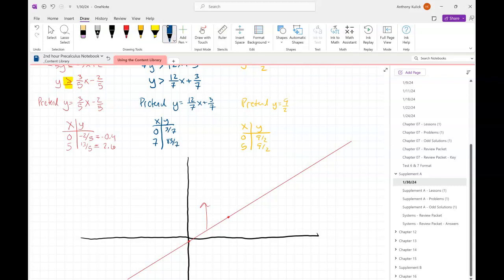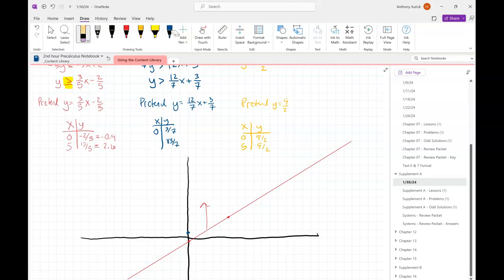Okay. Well, that happens. Then we got 0 and 3/7, and then 7 and something like 12 and 3/7. So 1, 2, 3, 4, 5, 6, 7. 1, 2, 3, 4, 5, 6, 7, 8, 9, 10.